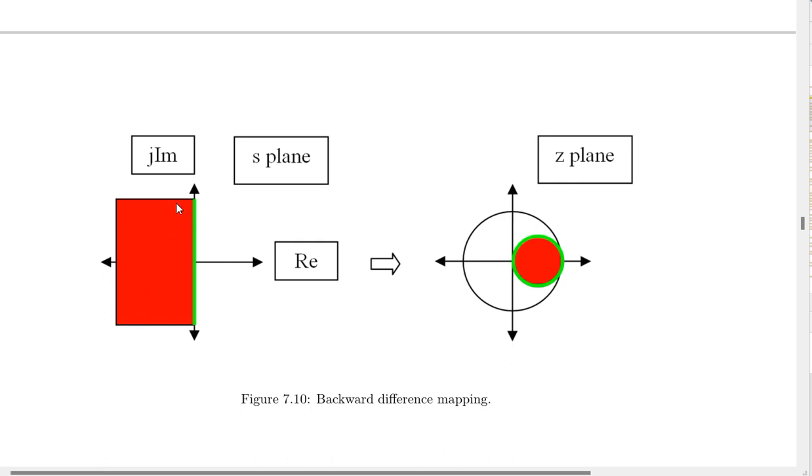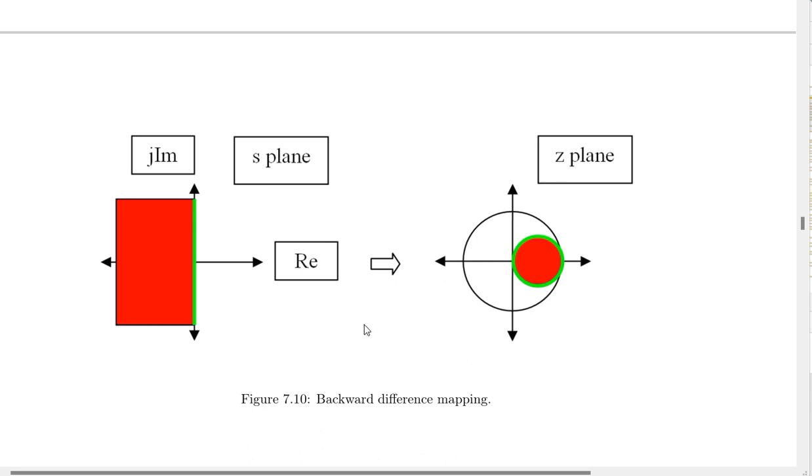First, showing the red part, a stable system will be mapped to inside the unit circle, but not covering all parts. That's the first drawback. We expected all parts inside the unit circle to be covered, but a very limited area is covered. And the rest, an unstable system, will be even inside the unit circle and of course outside the unit circle.